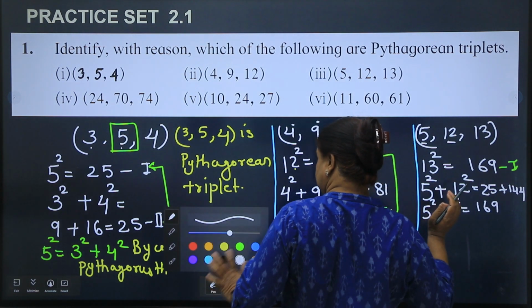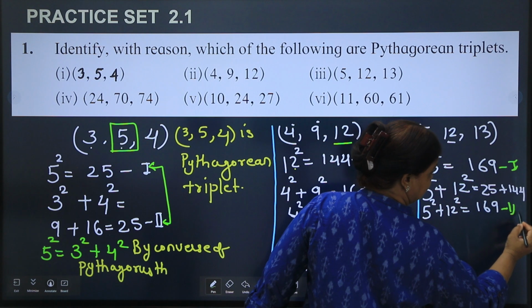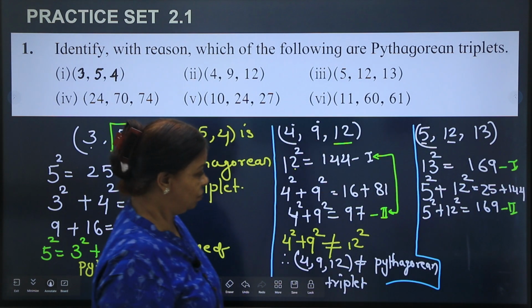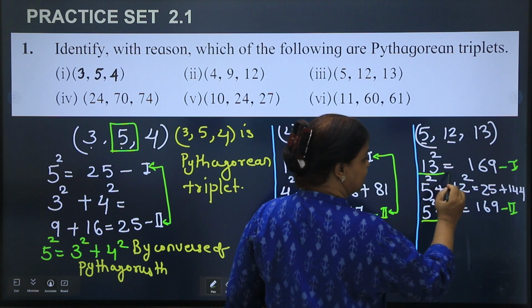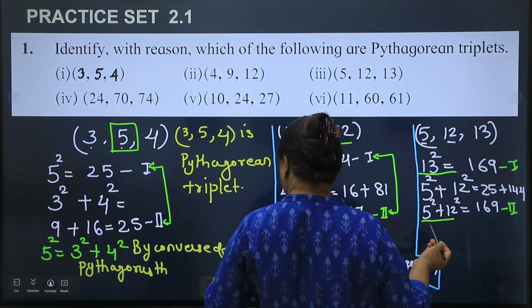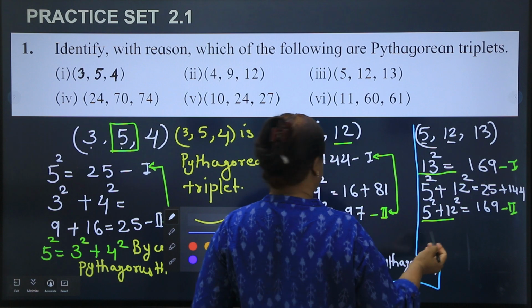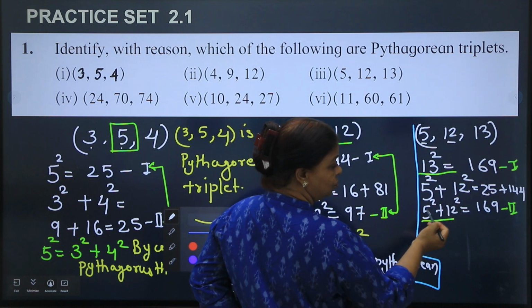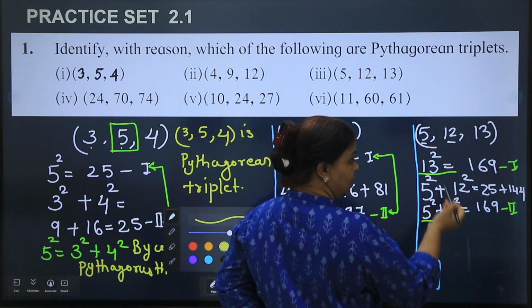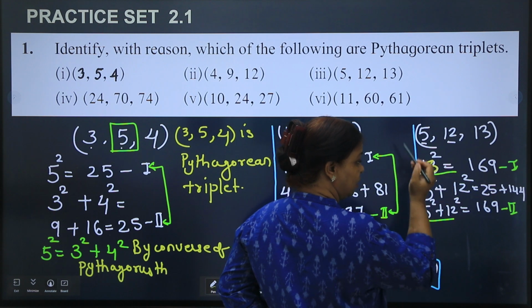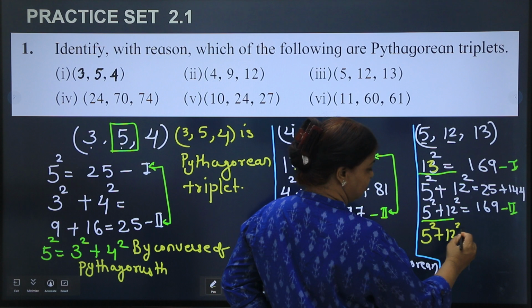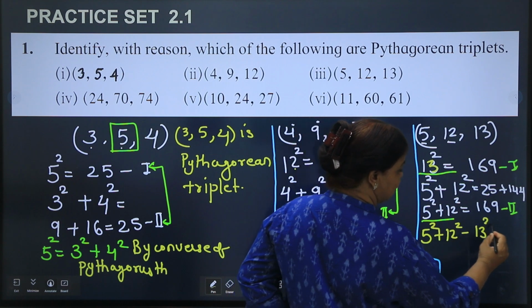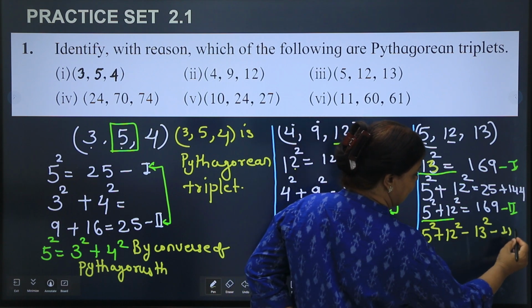And this is my second statement. If you compare these two, this is equal to this. So the sum of the squares of two sides is equal to the square of the third. So I can say 5 square plus 12 square is equal to 13 square, and this is from 1 and 2.